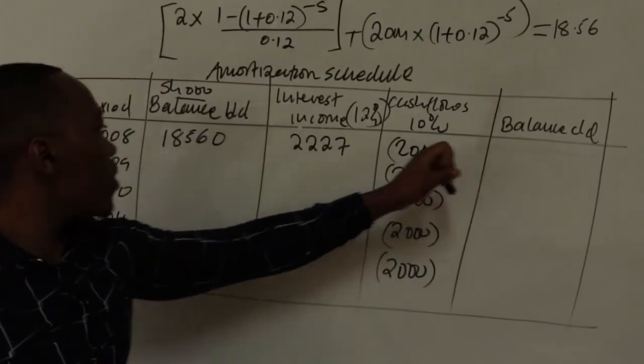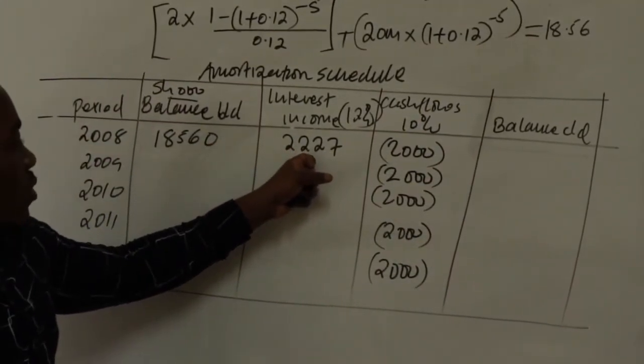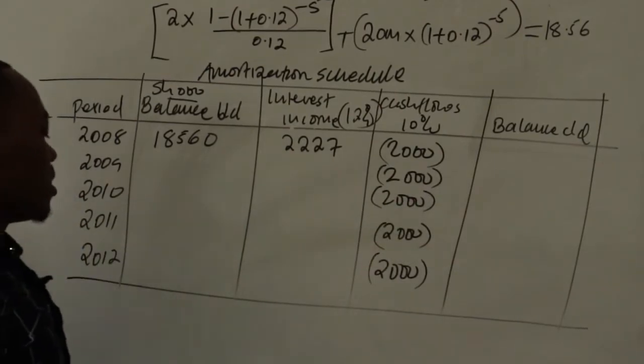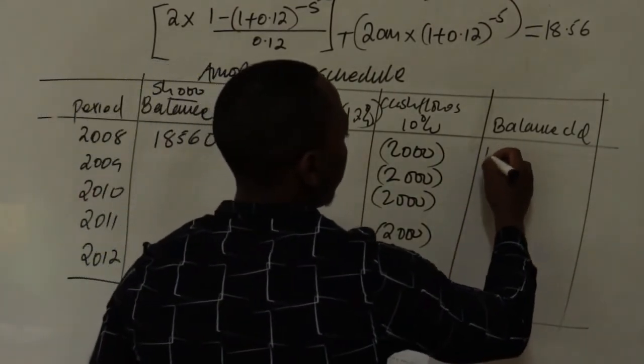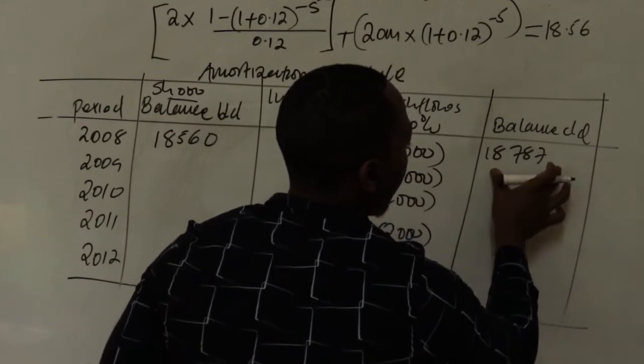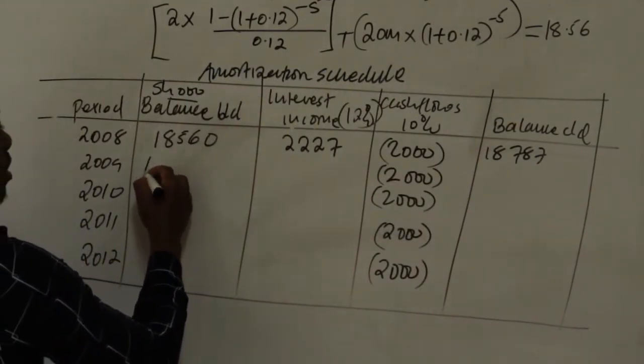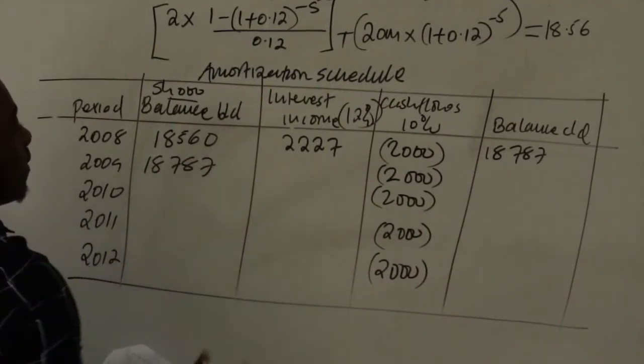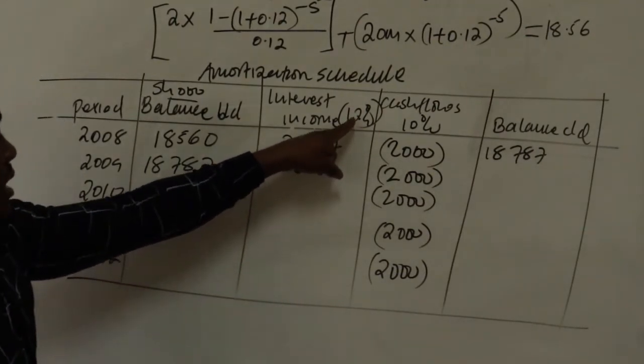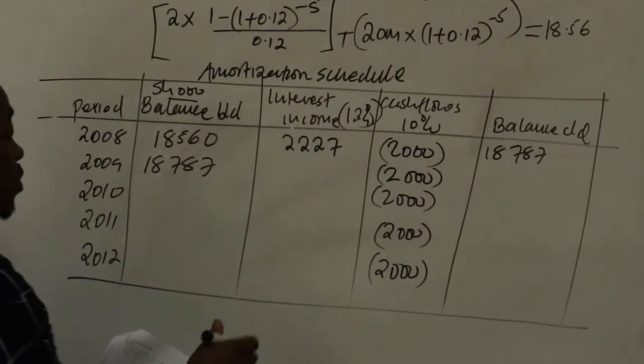So let's get the balance carried down. It's 18,560. You add 2227 minus 2,000, and you have an amount of 18,787. The balance carried down becomes our opening balance. So 18,787, interest rate is 12%. Times that, you'll have an amount of 2254.